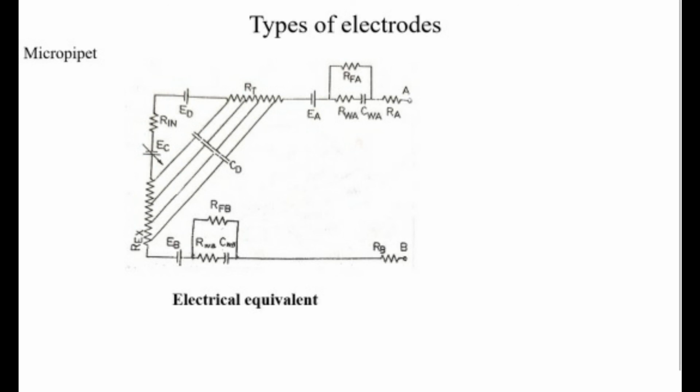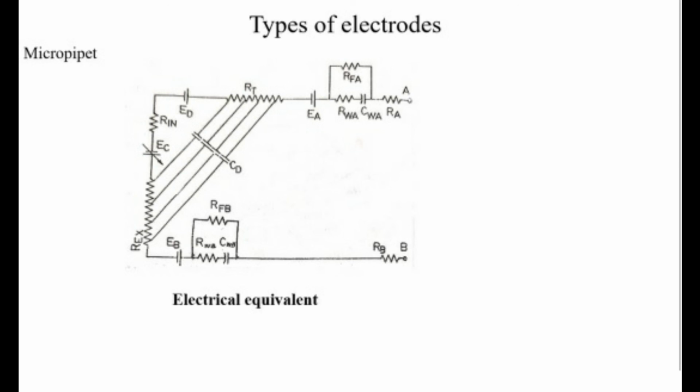RIN and REX are the resistance of the electrolyte inside the cell and the electrolyte outside the cell, respectively. RFB, RWB, and CWB constitute the reference electrode electrolyte interface impedance. RB is the resistance of the wire connected with the reference electrode. CD is the distributed capacitance existing between the fluid in the pipette and the extracellular fluid.